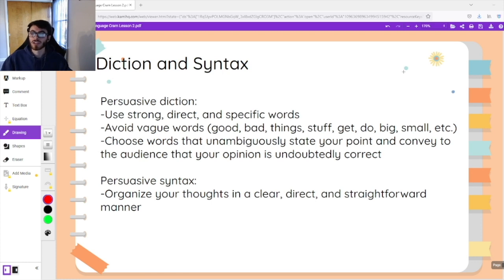So words like good, bad, things, stuff, get, do, big, small, we don't want to use words like that. Those words are vague, they're general, they don't really give us a good idea of what's going on, right? Instead of saying good, well, good can have a whole bunch of different meanings. Based on the specific circumstance, we can pick a way more specific word to demonstrate the idea that we want, or the feeling or whatever that we want to convey.